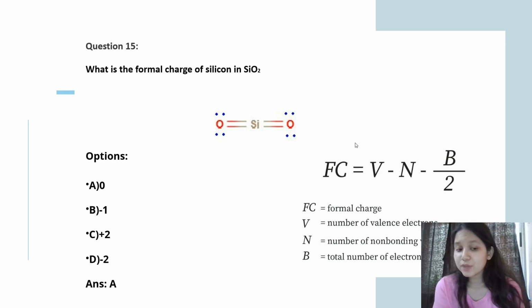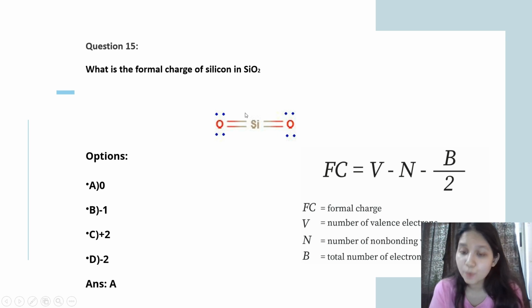Okay, so if you calculate the formal charge, it will be 4 minus, since it doesn't have any lone pair in the silica, because all the 4 valence electrons have participated in the formation of bonds. So you are left with no lone pair electrons.